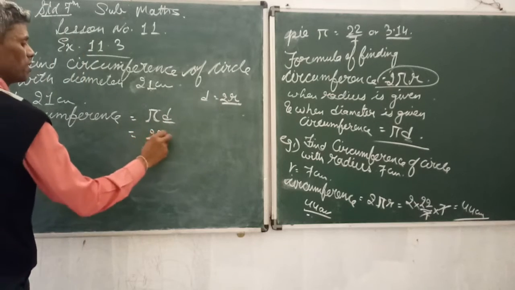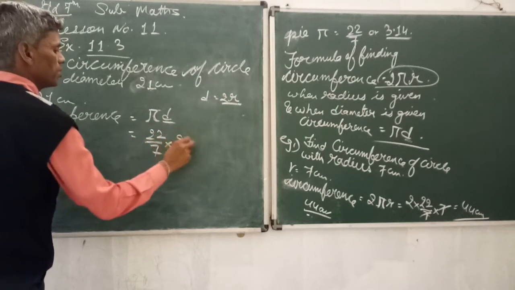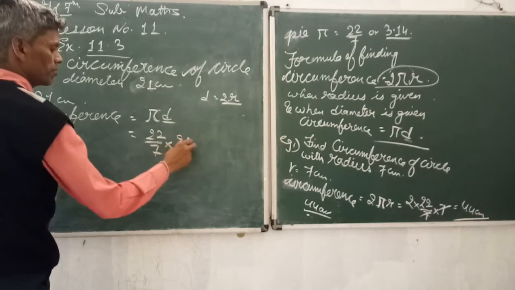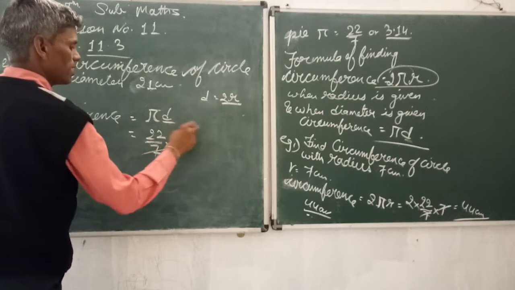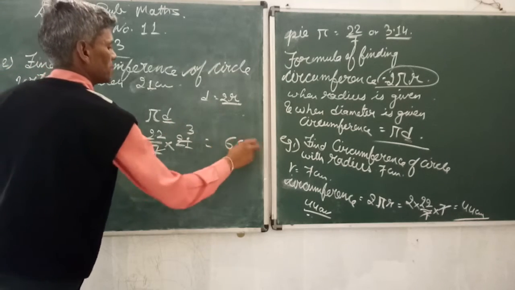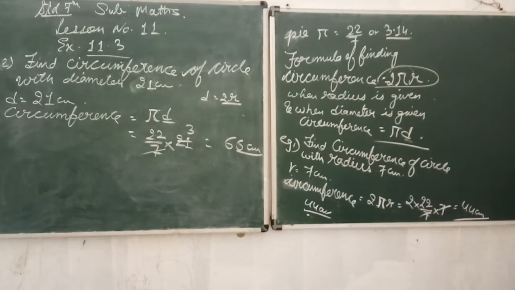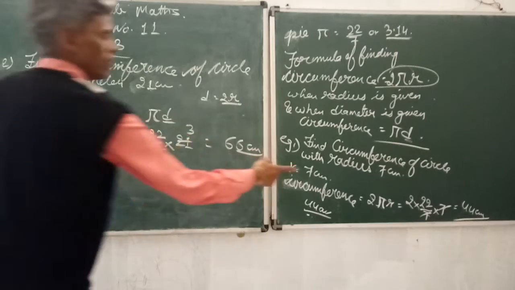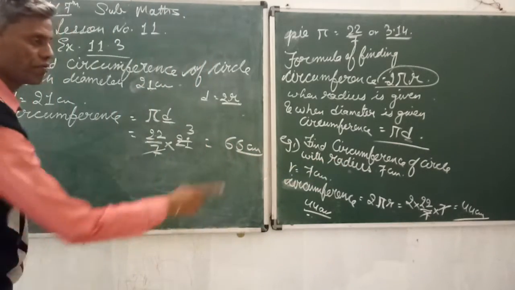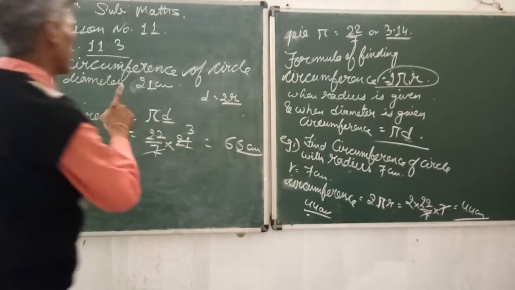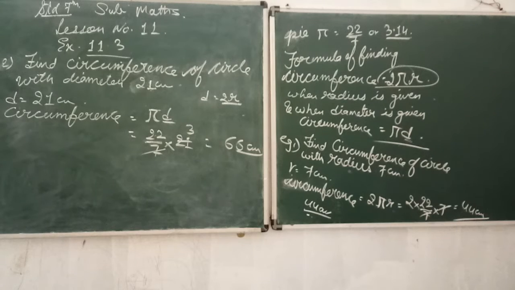Value of pi is 22 upon 7 into diameter 21. 7 ones are 7, 3 times 2 is 6, so 66 centimeter. This is the circumference of the circle. When radius is given, we use 2 pi r, and when diameter is given, we use pi d.